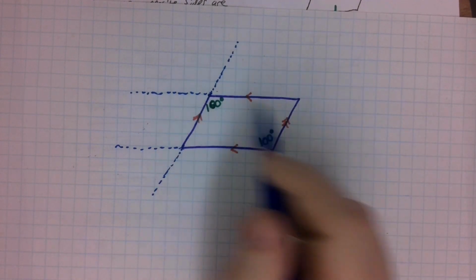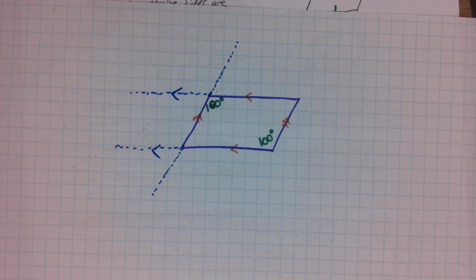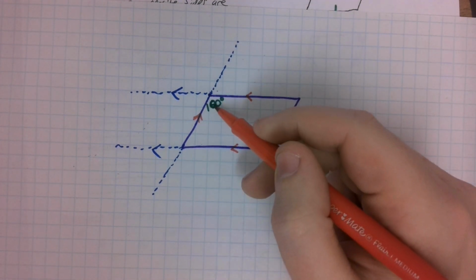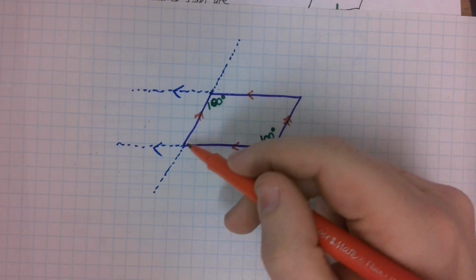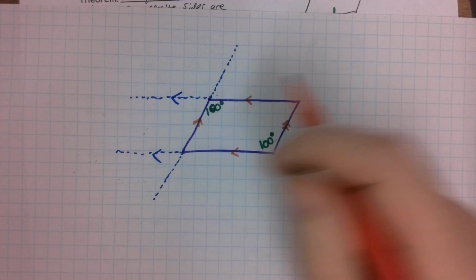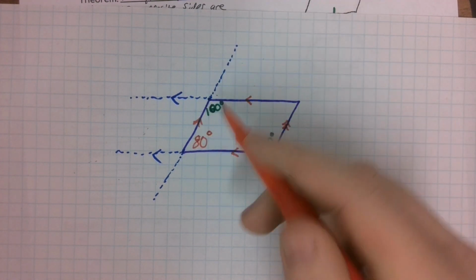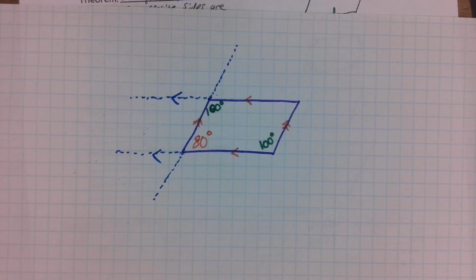And again, these entire lines are parallel to each other. What we've created here is a transversal that cuts through 2 parallel lines. So we know that this angle here and this angle here are consecutive. Consecutive interior angles add up to make 180 degrees. If this is 100, this one has to be 80.